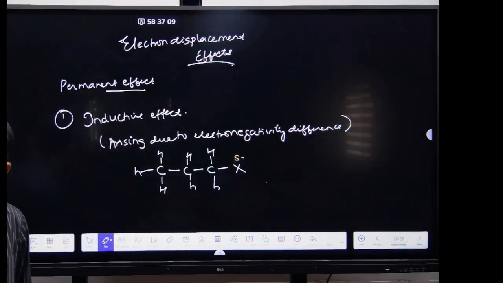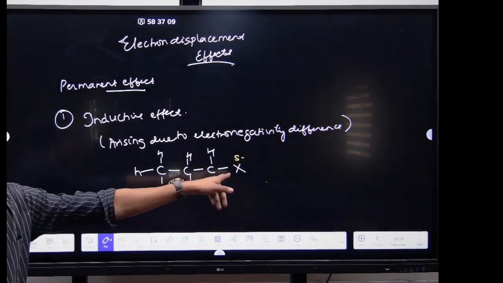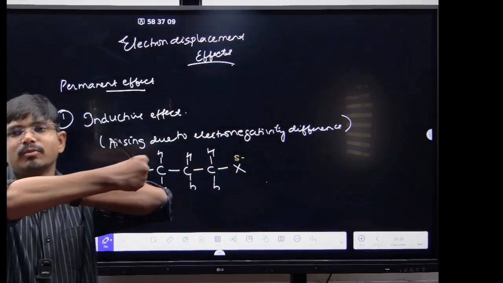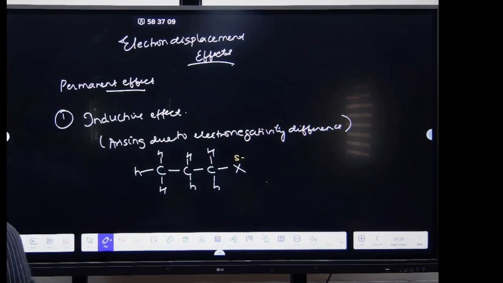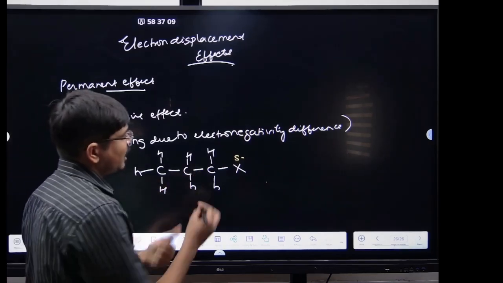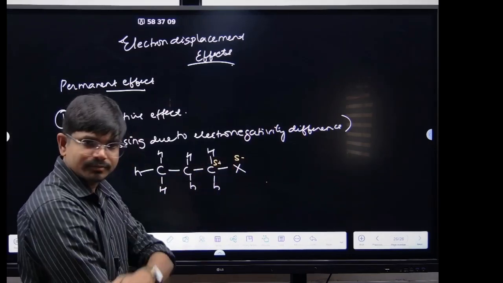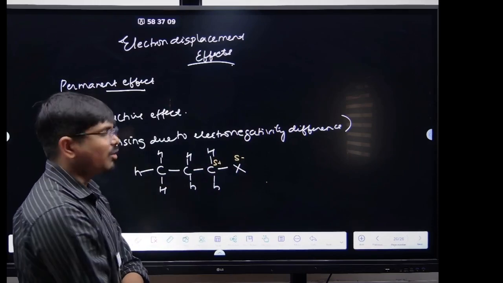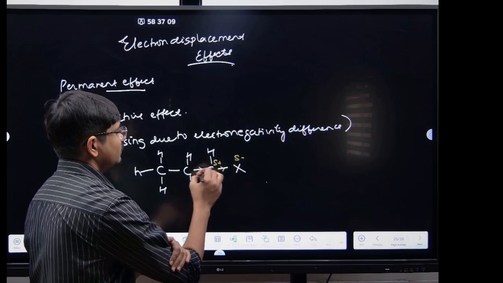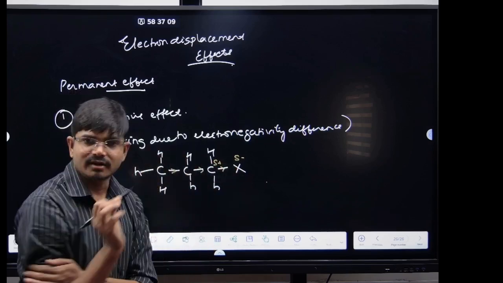X is more electronegative. More electronegative means it will pull the electron clouds towards it. So it will make the carbon positive, right? So it seems that electron density is flowing from this side to this side, right?